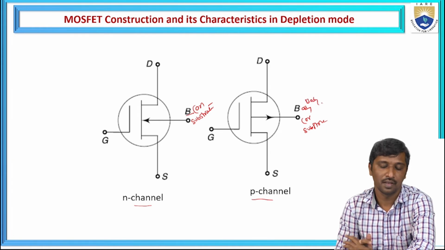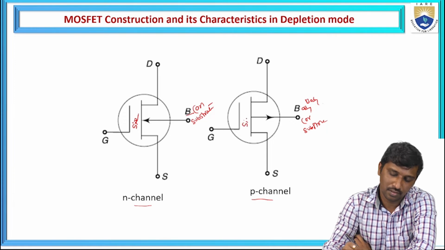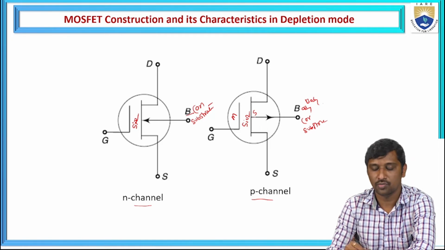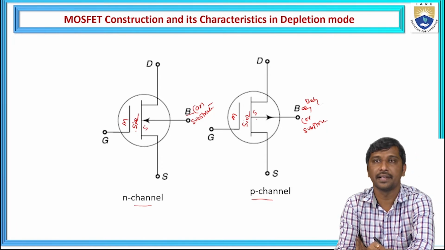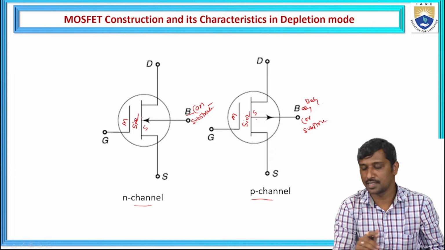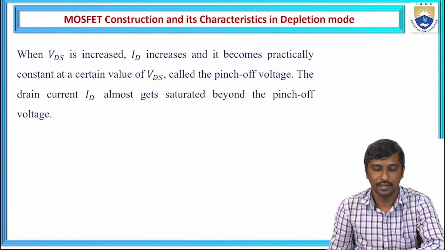So this is the gate, and this is silicon dioxide on one metal, and this is the drain and the source is the semiconductor. Metal oxide semiconductor field effect transistor. Now we have seen the construction.